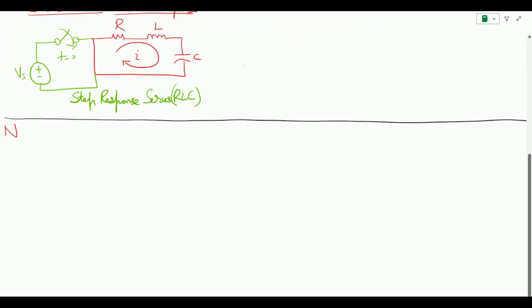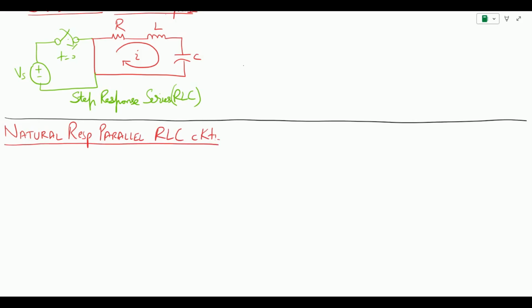So we begin our analysis and understanding of the natural response of a parallel RLC circuit. And again, in this topic we are going to figure out the unknown voltage that is appearing across the elements connected parallel to each other.